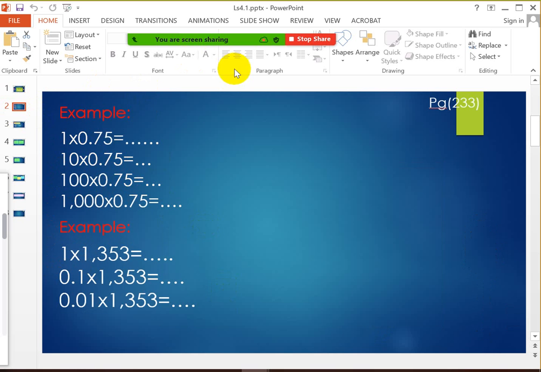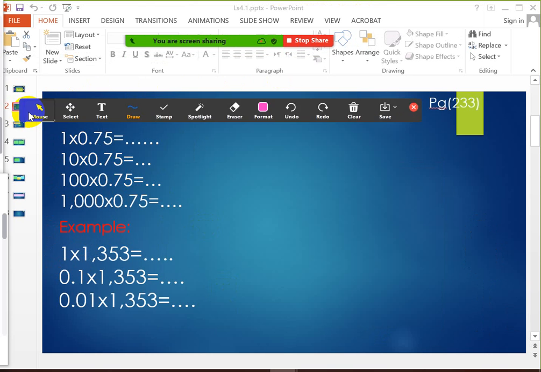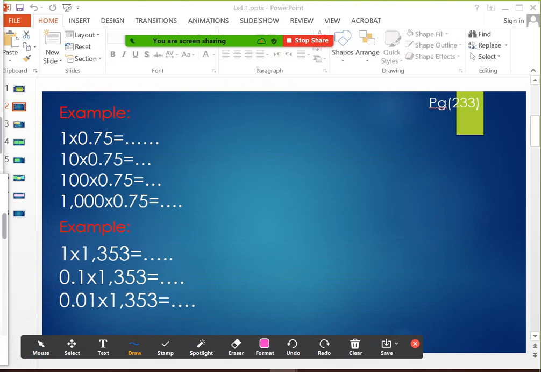Look at this example, girls. So if I want to find the answer for this pattern, girls, the decimal number is 0.75 hundredths. The pattern means I have a sequence of numbers, okay? Pattern of numbers 1, 10, 100, 1000. This is the pattern.